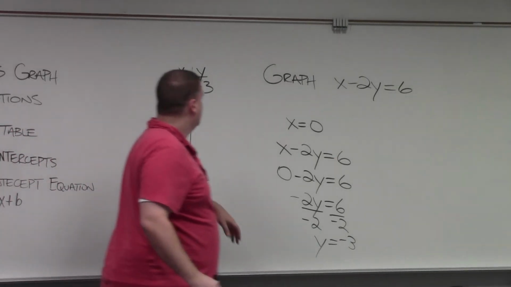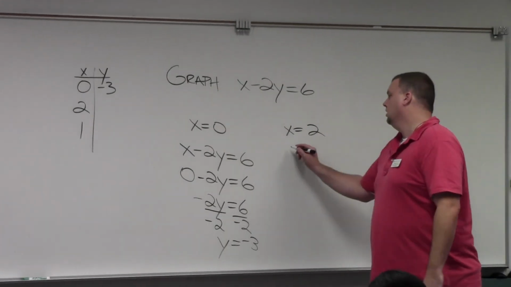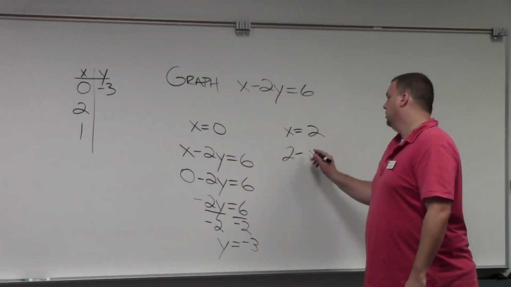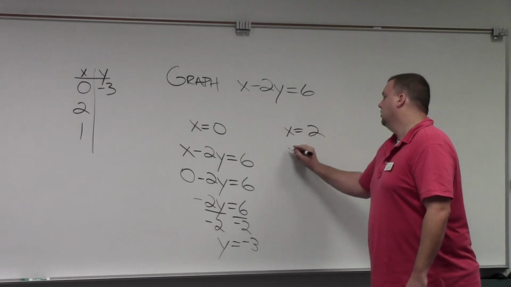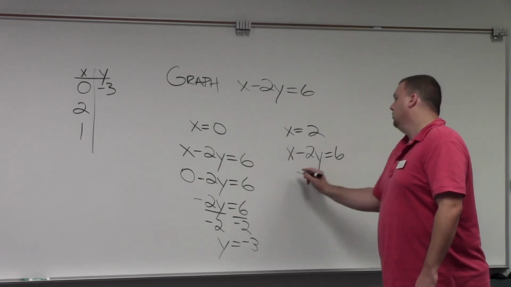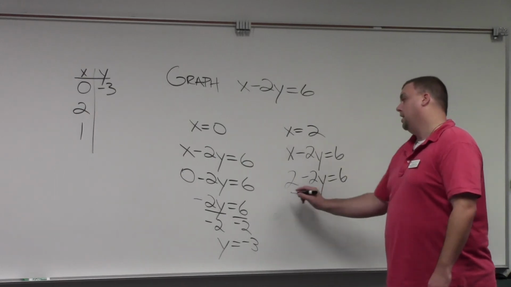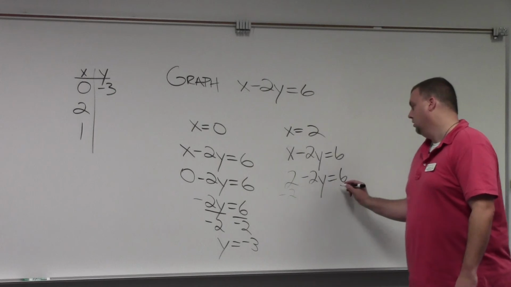Okay, so let's try to get another point. Someone called out 2. So we're going back to our original equation, x minus 2y equals 6. We plug in 2 for x. I would subtract this 2 from both sides, correct? Yeah.